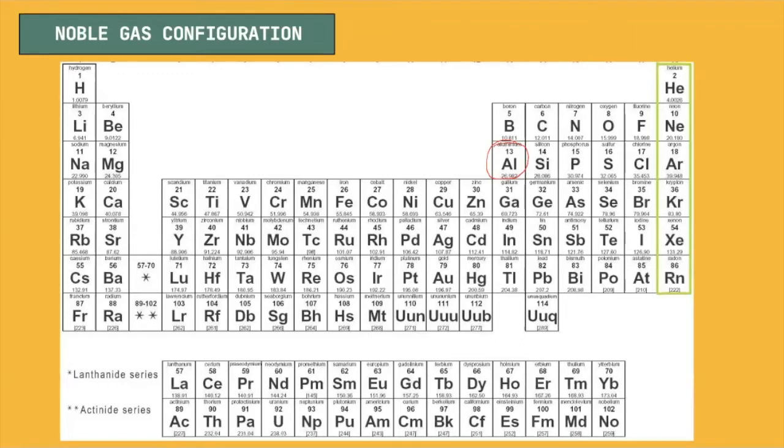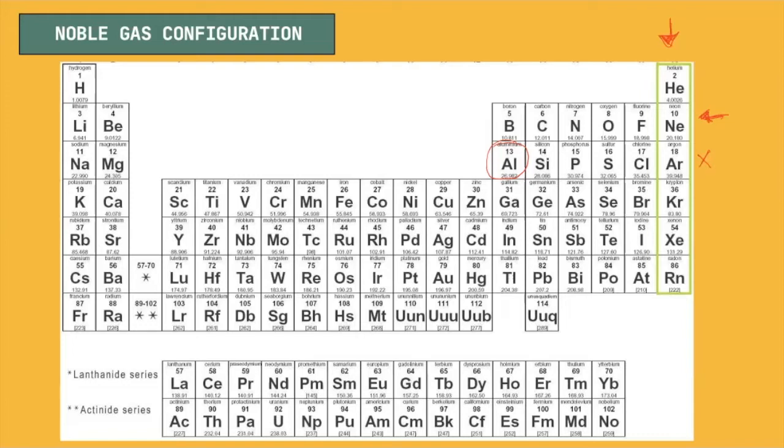The noble gas that immediately precedes aluminum would be neon, not argon, because argon is the noble gas element that would follow aluminum, but not the noble gas element that precedes aluminum.